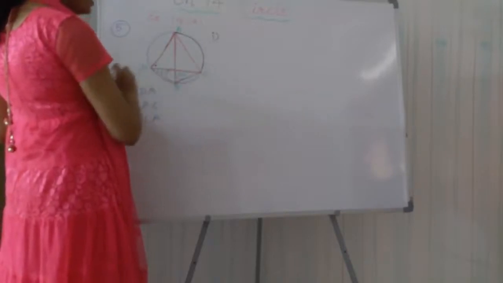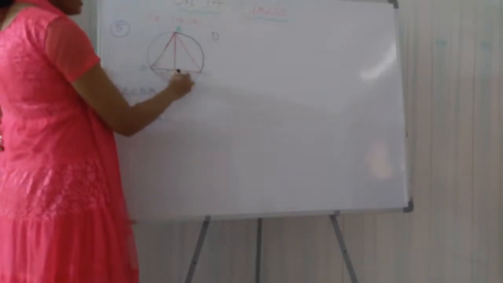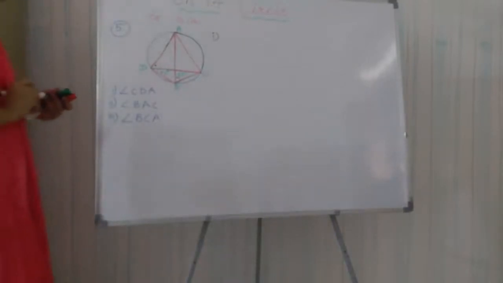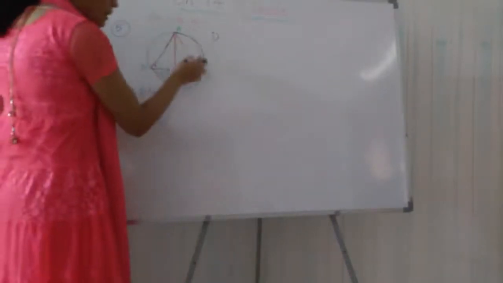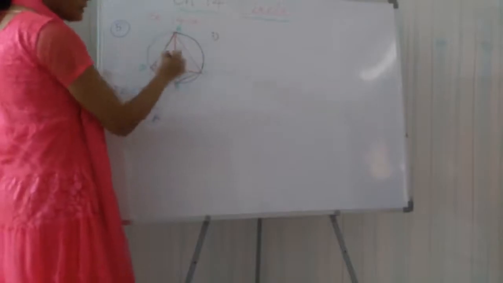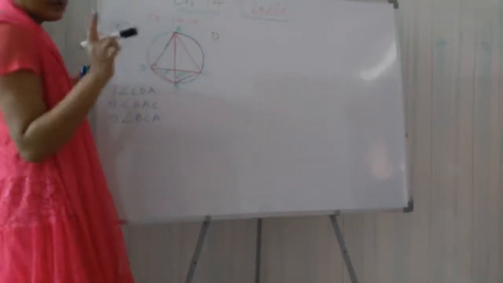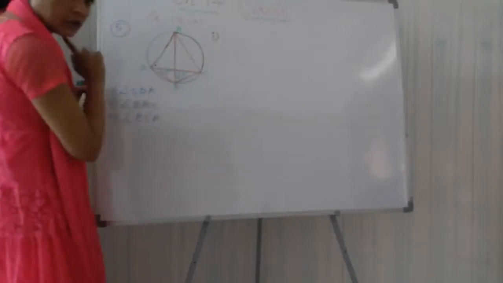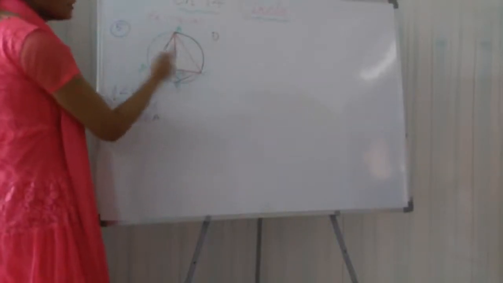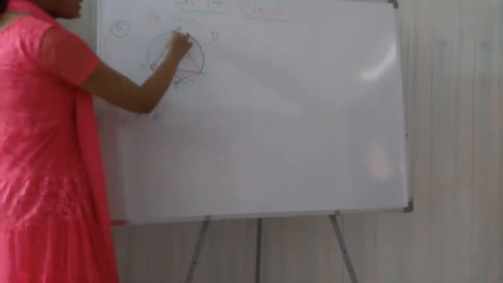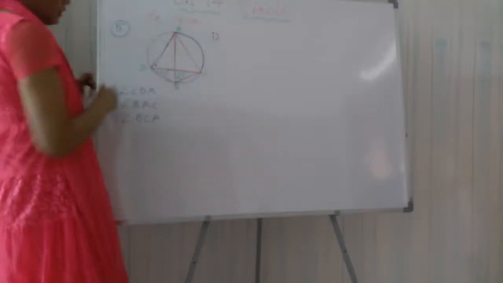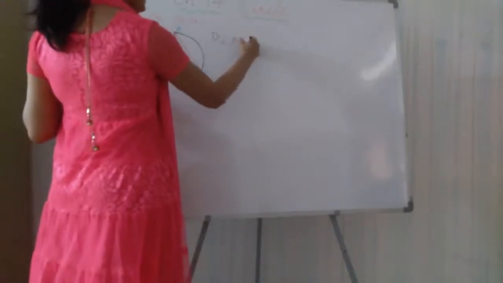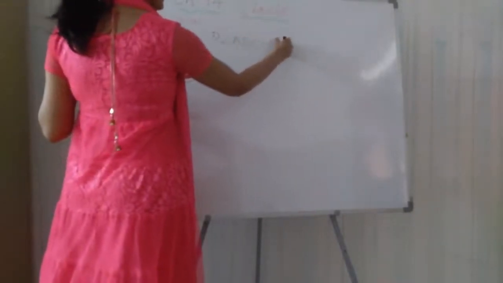The theorem is that the angles formed at the circumference from the same arc are always equal. So from that we can see ABC is 50 degrees, so ADC is also 50 degrees. Why? Because they lie on the same arc. So I am writing here that angle ADC is equal to 50 degrees.